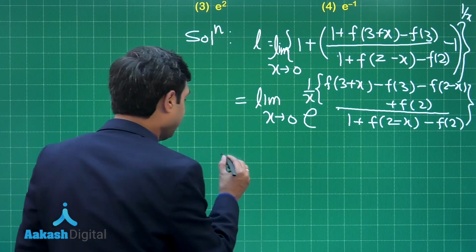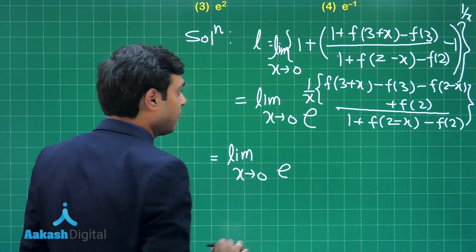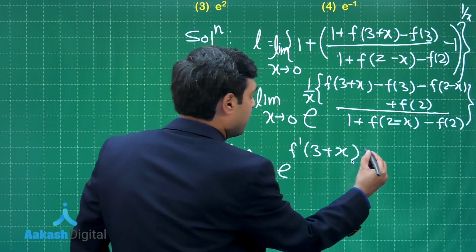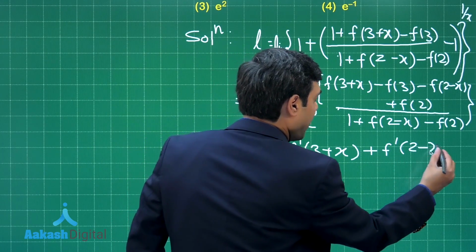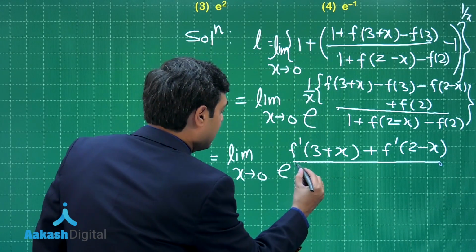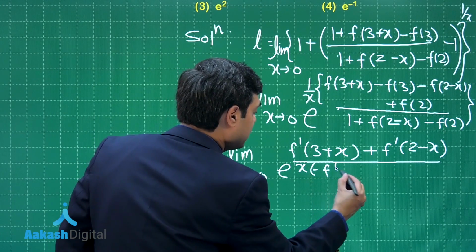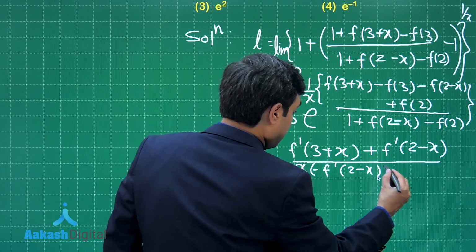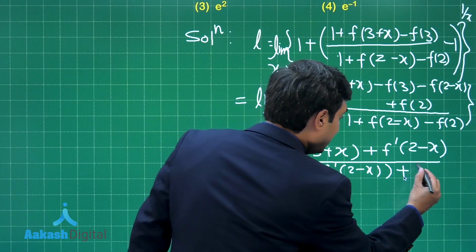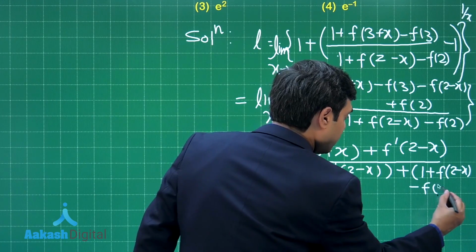Applying L'Hopital to this term, we have limit x approaching to 0 e raised to the power f'(3 plus x) plus f'(2 minus x) divided by x multiplied with minus of f'(2 minus x) plus, we can take the derivative of x now, 1 multiplied with (1 plus f(2 minus x) minus f(2)).